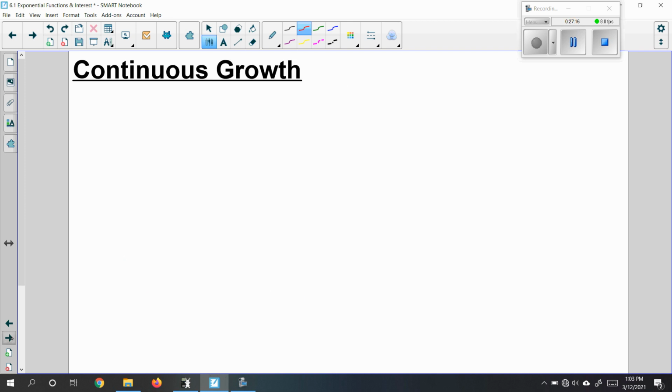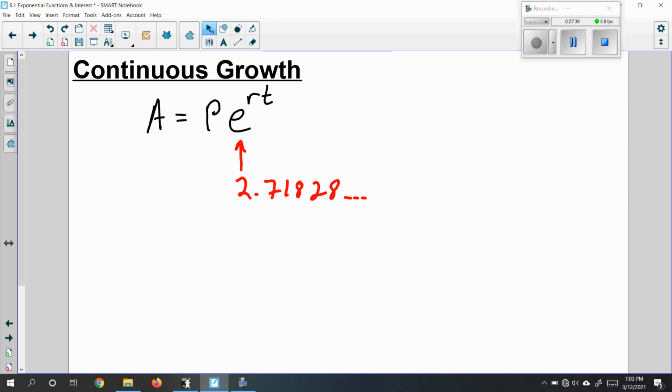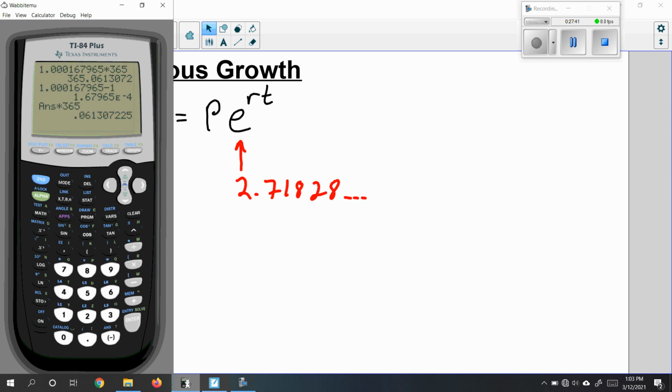Okay, so let's look at an example. The continuous growth model is A equals P times E to the power RT, where E is the number 2.71828, etc. The number E is in your calculator. If you have a TI-84, the number E is right over here, just above the LN button.